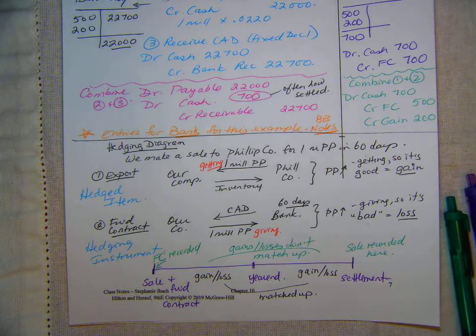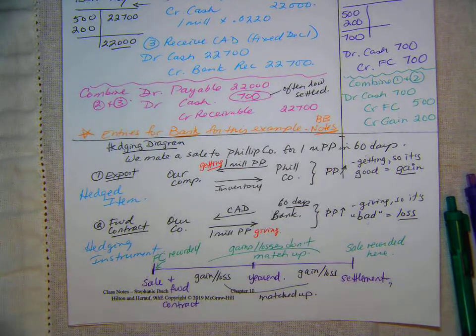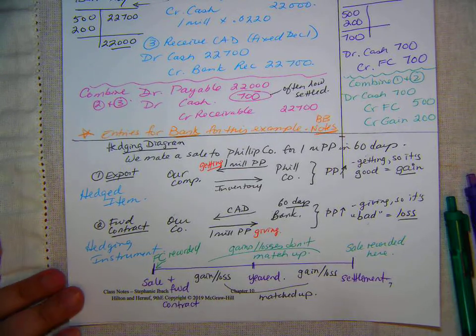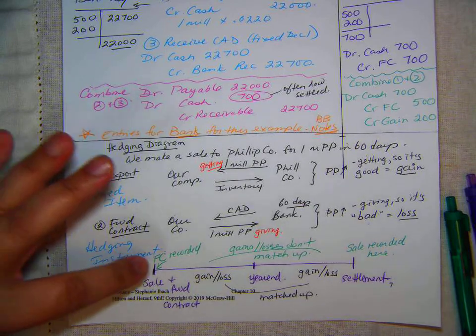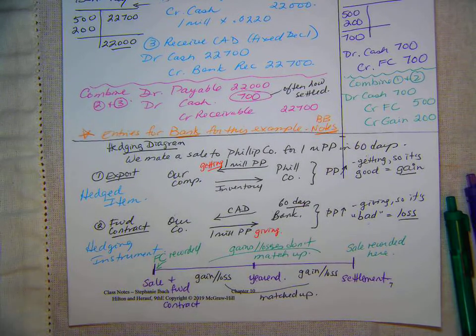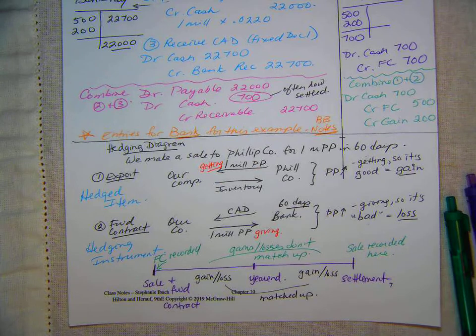But they came up with two methods to record the operational transaction and the forward contract when the timing doesn't match up. If it matches up, it doesn't really matter because your gains and losses will be offset. But when one is recorded and not the other one, it's not matching, so they came up with two different ways to do it.